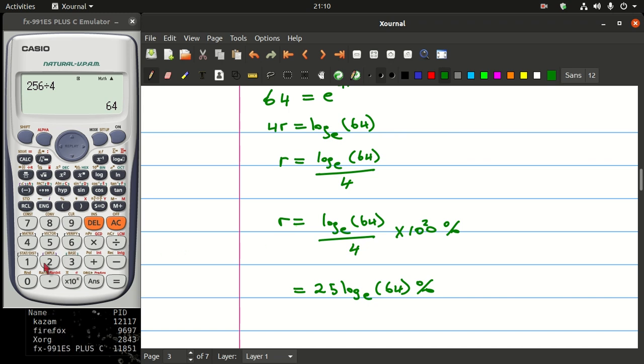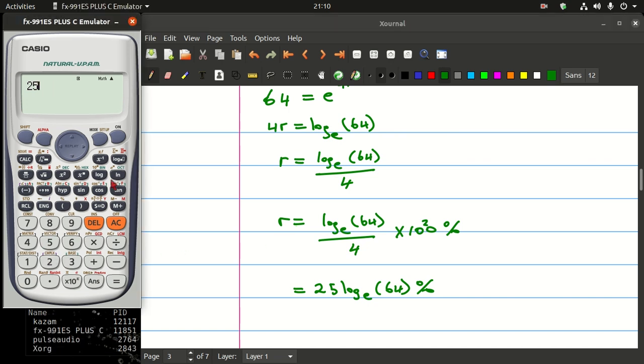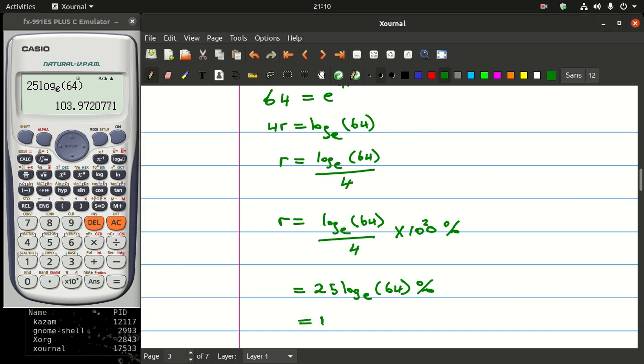Or we can just use a calculator, multiply by log base e of 64. What is the answer that I'm getting? I end up having 103.97%, rounded off to 2 decimal places.